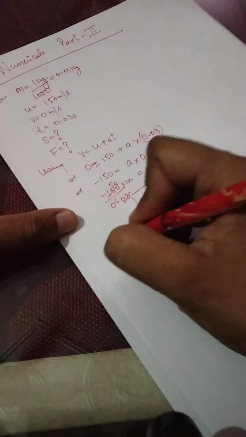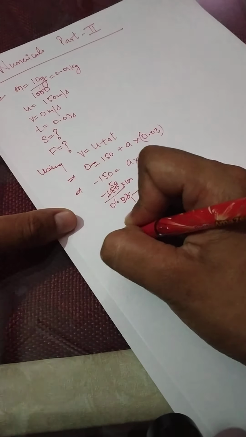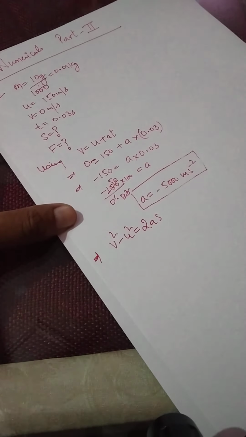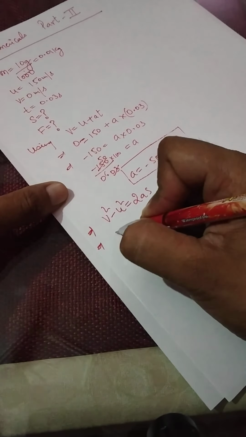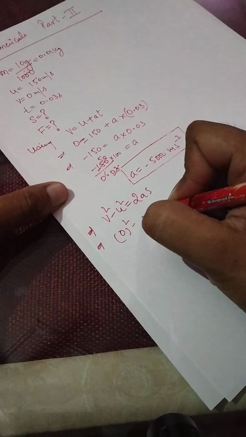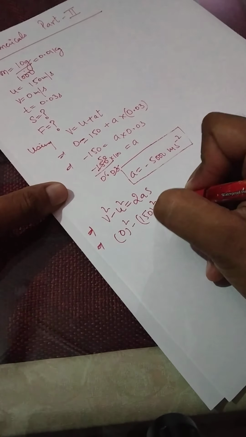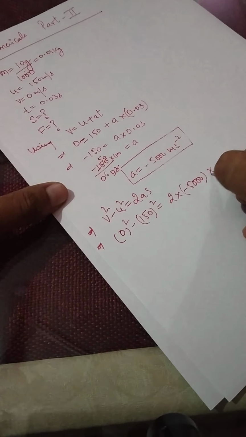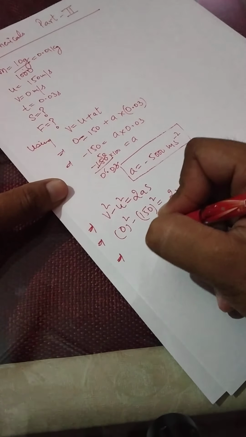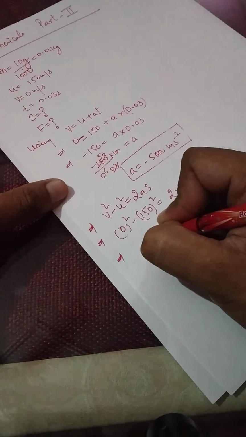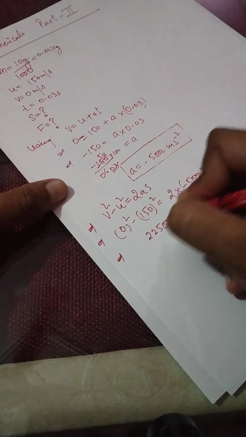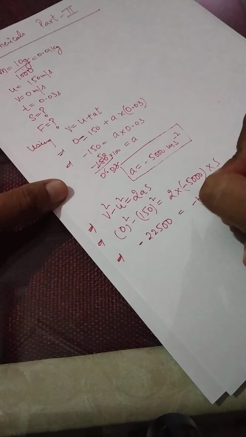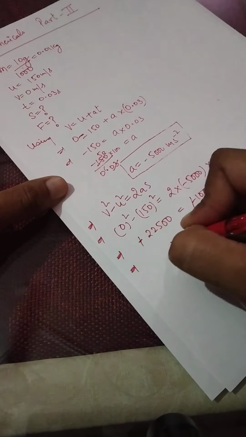Now to find S, we'll use third equation of motion. v square minus u square equals 2as. We have 0 square minus 150 square into minus 5000 into S. 150 square is 22500 into minus 1000 into S. Negative sign gets cancelled.